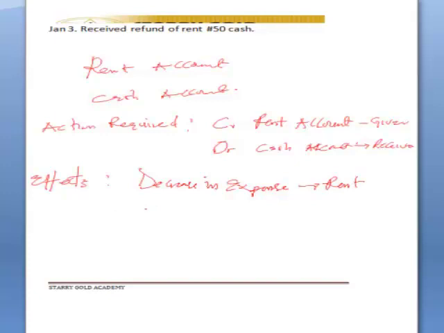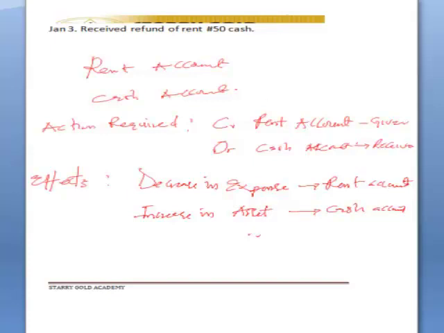Then there is an increase in assets, and that asset here is the cash account. So that will be the entry for January 3, received refund of rent.